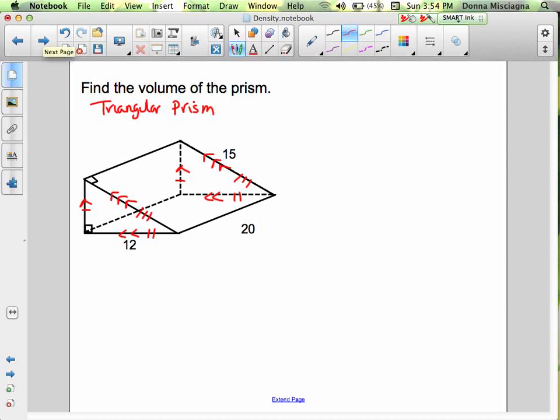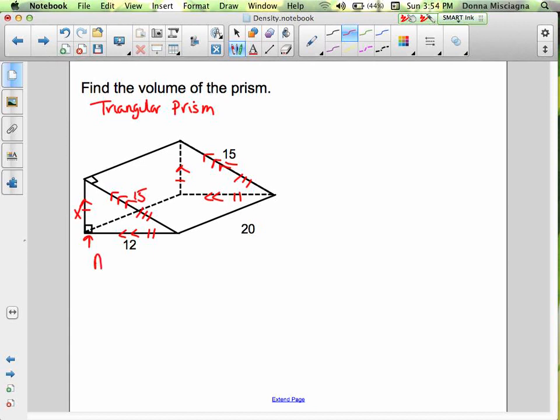So we have the 12 as one side of this. This is a right triangle. We can see the right angle there. And so if this side over here is 15, this one over here is 15 as well. But we're missing one side of the triangle, and it's the side that we need to calculate the area.